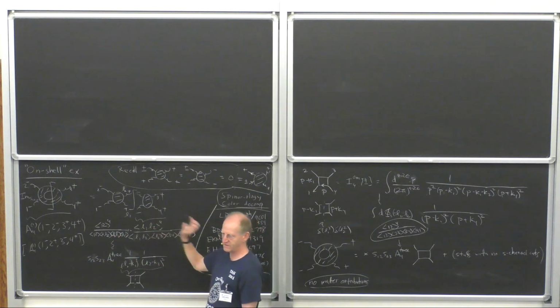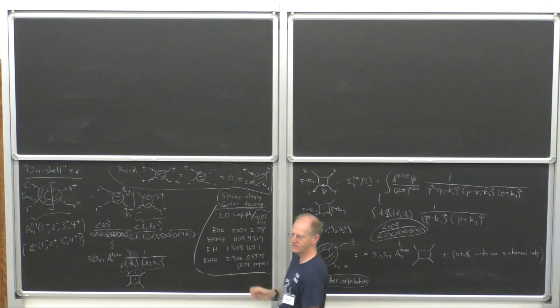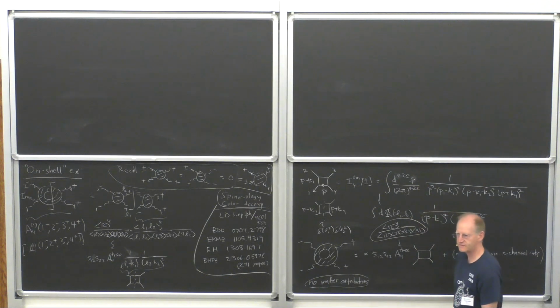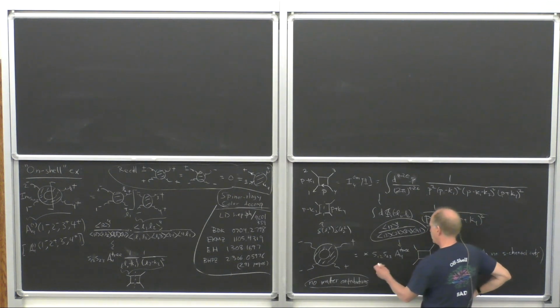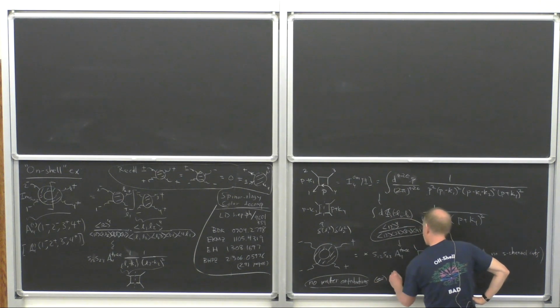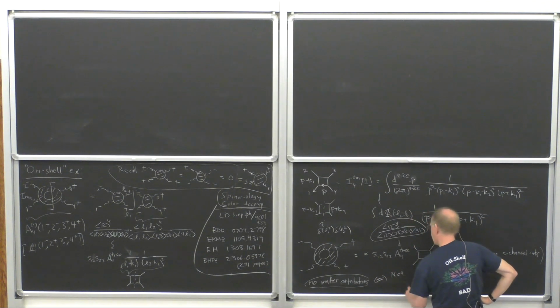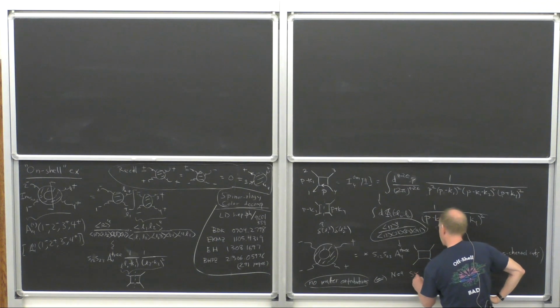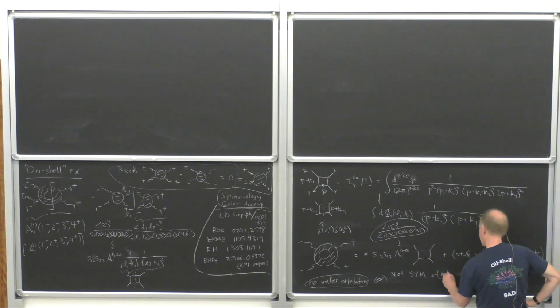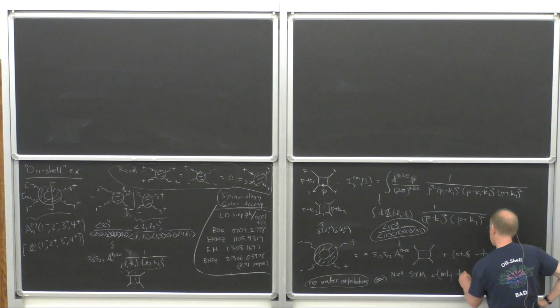Well, this piece of this loop amplitude is also the same as in N=4 super Yang-Mills. And I can't go through it now, but the fact that this comes out to be just a scalar box is something you can prove very generally for N=4 one loop amplitudes. You get only boxes.